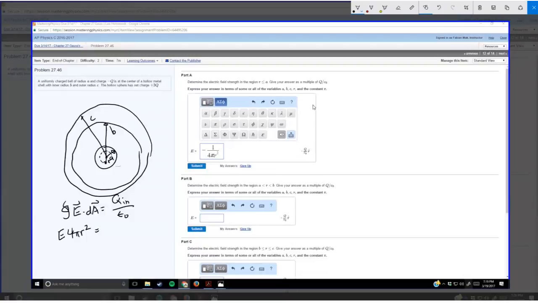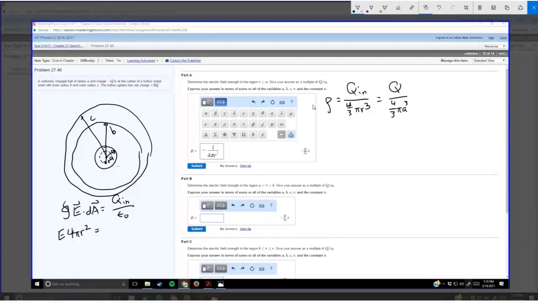So what we're going to have to do is say that the ratio of the enclosed charge to the enclosed volume, if it is uniformly charged, is equal to the total charge divided by the total volume. Whoops, that should be cubed. Does that make sense? We're assuming uniform charge density.